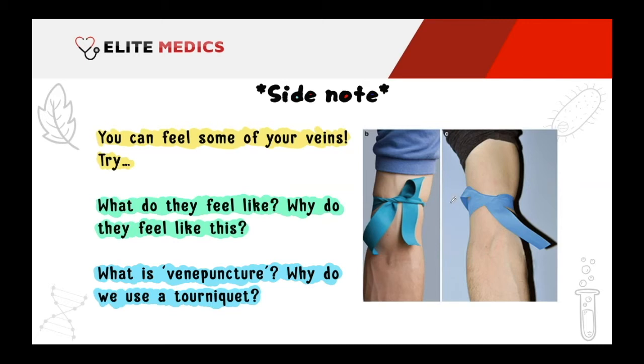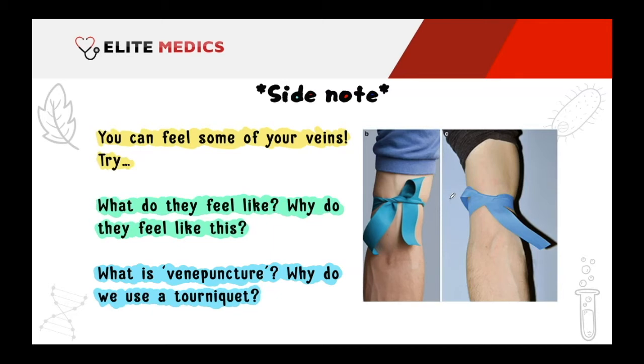So we tie that round and then we try and find a good vein. And if we can't find a good vein, we ask you to make a fist and give your hand a squeeze, and that will get blood flowing through the veins, and that will make them kind of bulge. So if we can see your veins bulging, then that's a good thing. It makes it easier for us to gain access to that vein and take blood.